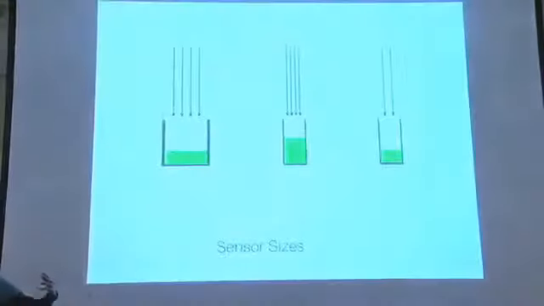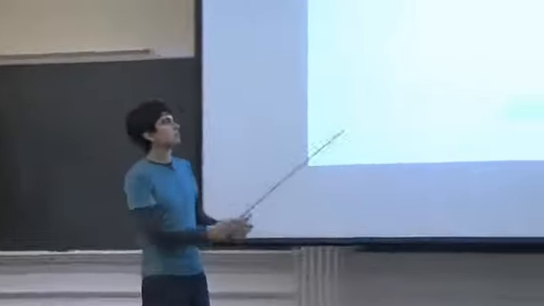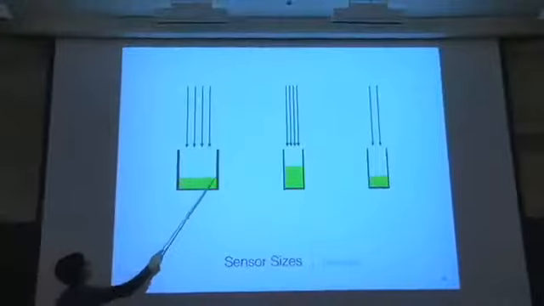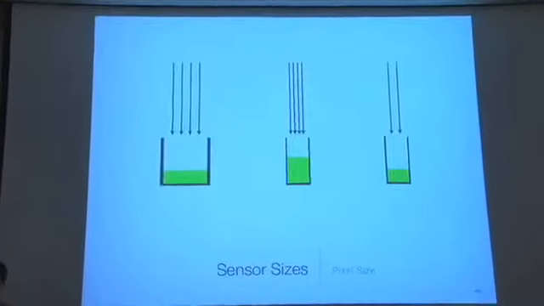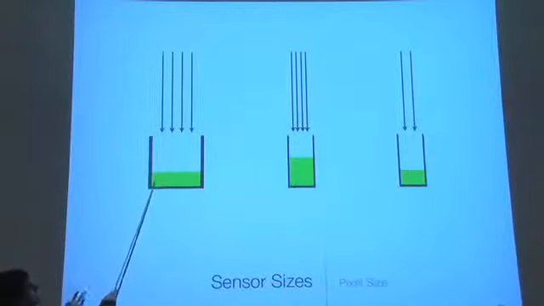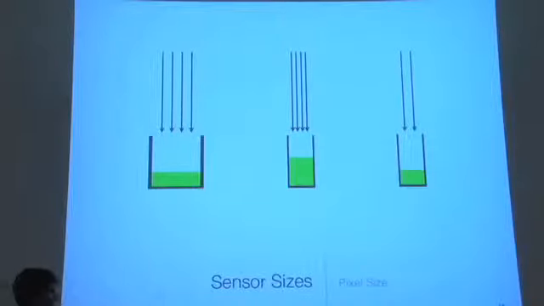If we go back to our analogy of the buckets, let's say that we have an SLR size sensor that has 6 megapixels, it has very large buckets, and we have something that looks like this, where we can fill up those buckets with these 4 photons. Well, not fill it up, but we fill it up to about this amount. So we get a certain amount of light that enters into the camera and onto the sensor, and we're able to record so much of that.